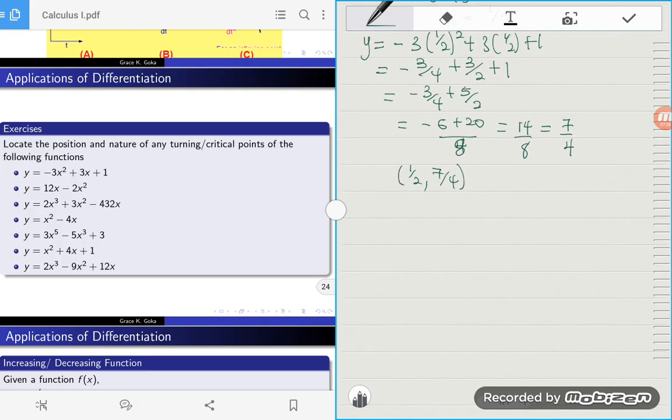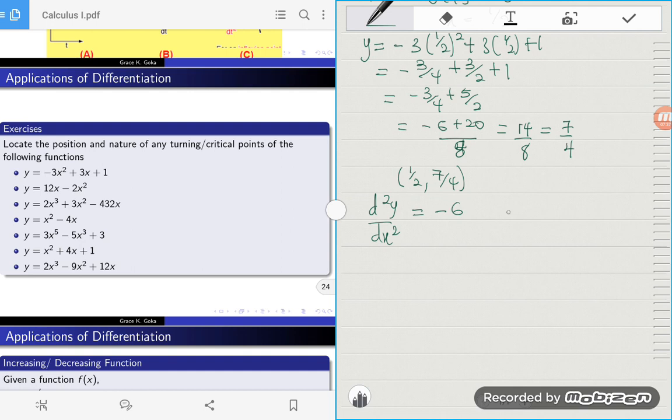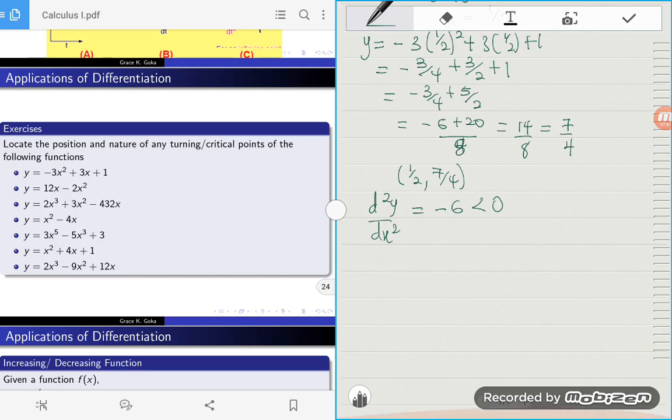We're going to find the second derivative, which is d squared y over dx squared, and that is going to give us minus 6. Minus 6 is less than 0, or it's a negative number. So since the second derivative is a negative number, it means the critical point, which is 1 over 2 and 7 over 4, is a relative maximum.